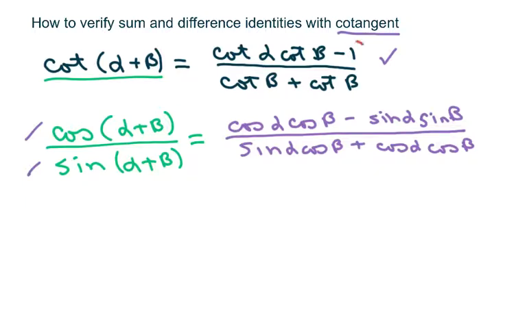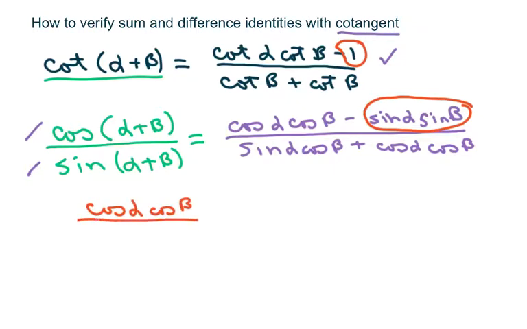Since the 1 occurs right here, I'm going to divide each of these pieces by sine of alpha sine of beta, because that will give me a 1. So I'm going to write my numerator as cosine of alpha, cosine of beta, over sine of alpha, sine of beta.